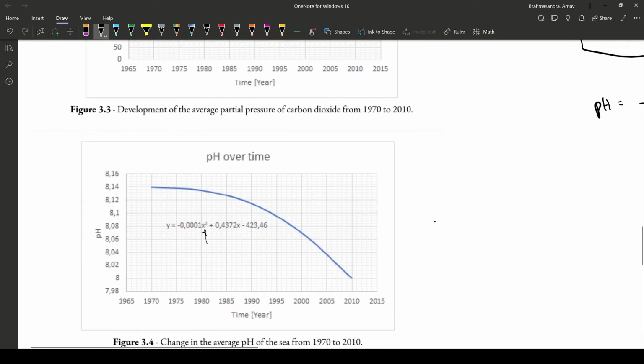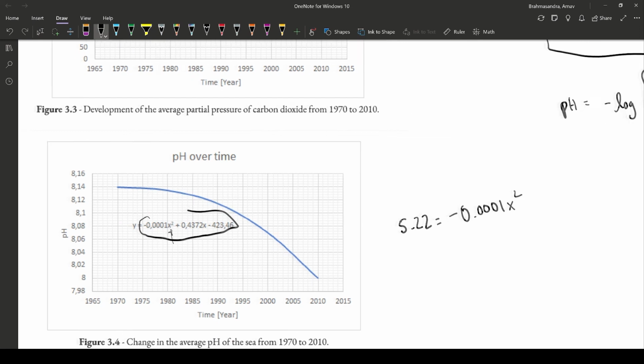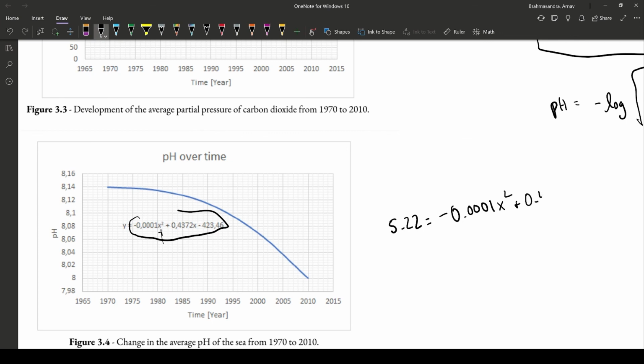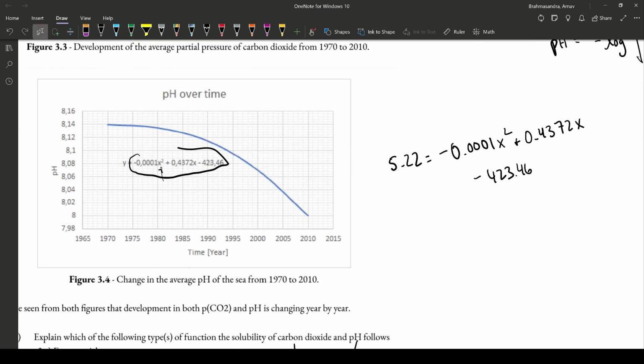We can set 5.22 equal to this entire quadratic, our negative 0.0001 x squared plus 0.4372 x minus 423.46.